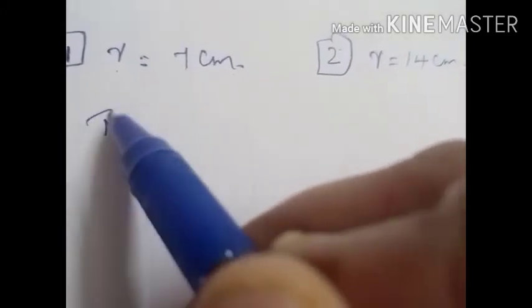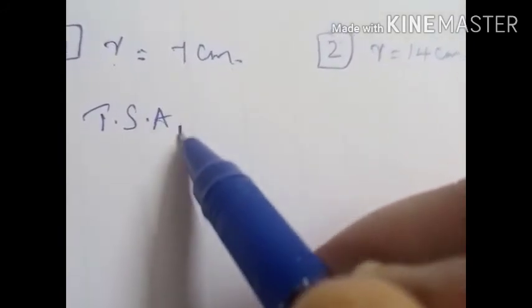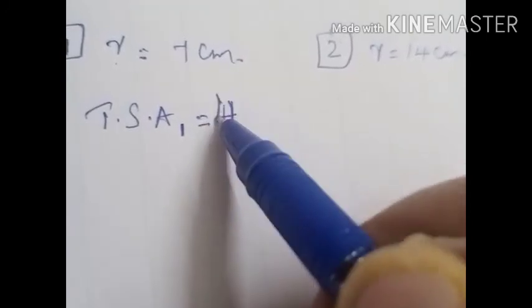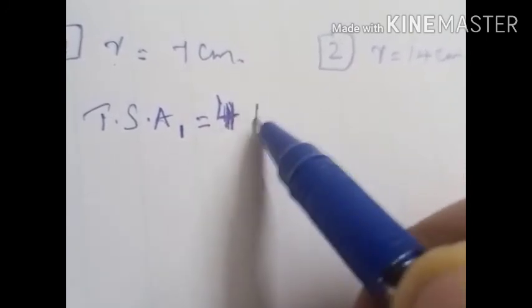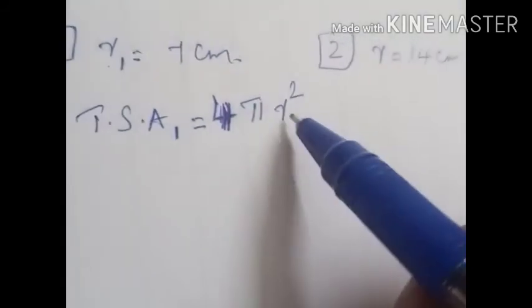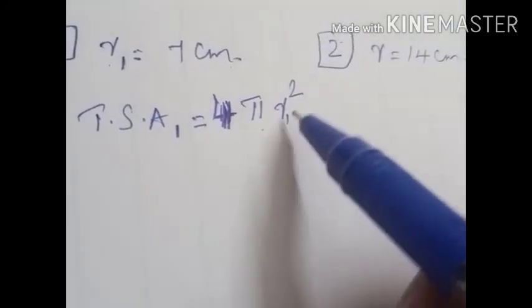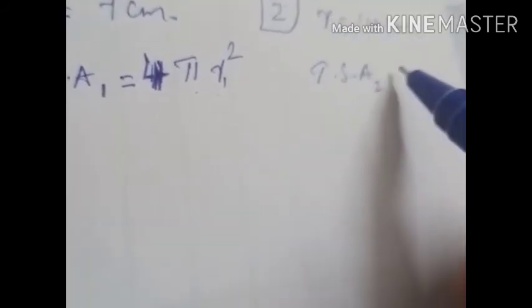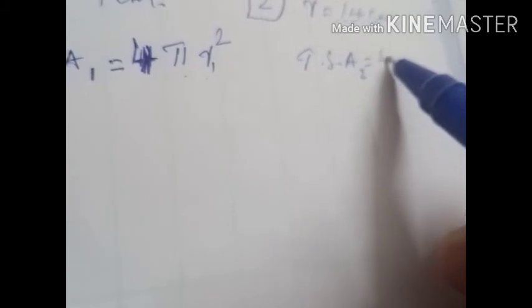So in first case radius is 7 centimeter, and for the second case radius is 14 centimeter. Here we can write TSA 1 equals 4 pi r square, and this r we can write as r1, so 4 pi r1 square. For the second case, surface area is TSA 2, that is equal to 4 pi r2 square.